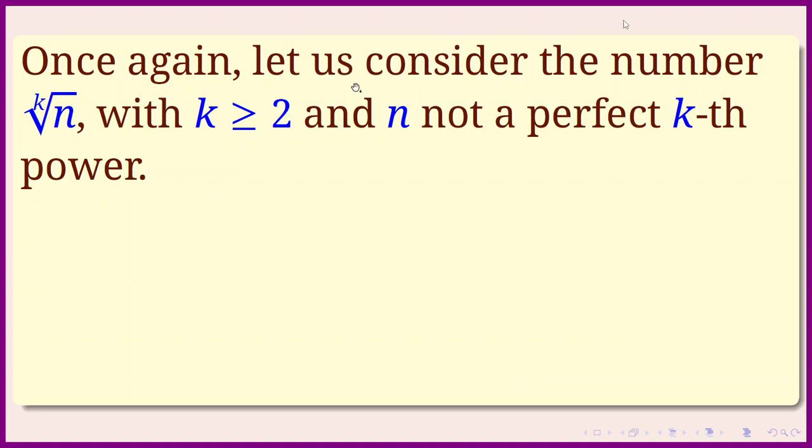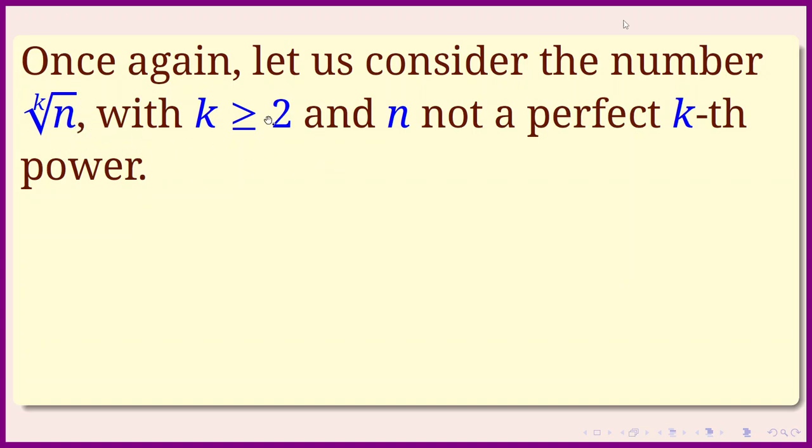Now, let us consider once again this number kth root of n, which we have already seen is an irrational number. So, using RRT we can reprove it. We can prove that it is an irrational number once again using RRT.